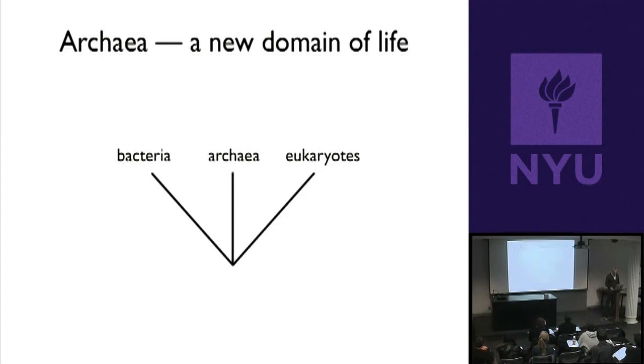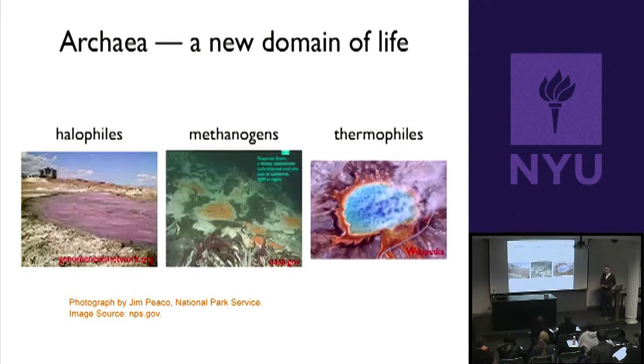There are three major categories of Archaea: halophiles, methanogens, and thermophiles. I just want to go through this to give you an idea of how weird they are and why it probably took a long time to figure out that they existed and that they are a different branch of life. So halophiles are things that like salt.